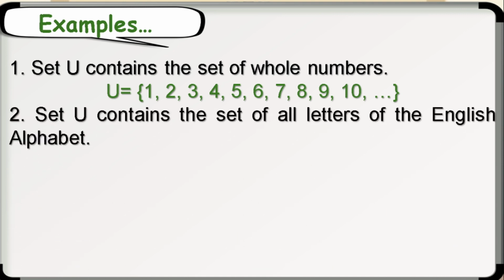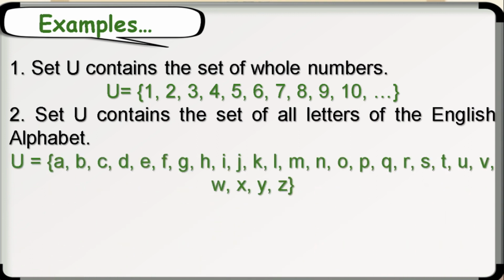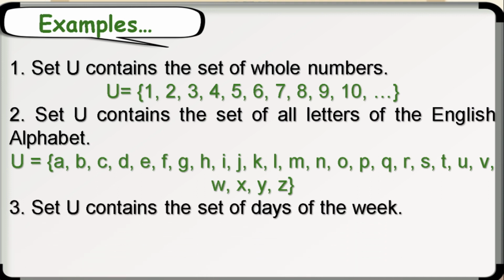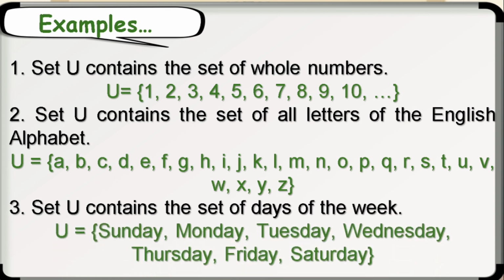Number 2, set U contains the set of all letters of the English alphabet. The universal set would be A, B, C, D, E, F, G, H, I, J, K, L, M, N, O, P, Q, R, S, T, U, V, W, X, Y, Z. And lastly, set U contains the set of days of the week. So the universal set would be Sunday, Monday, Tuesday, Wednesday, Thursday, Friday, and Saturday.